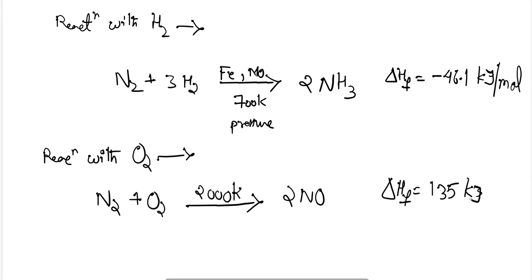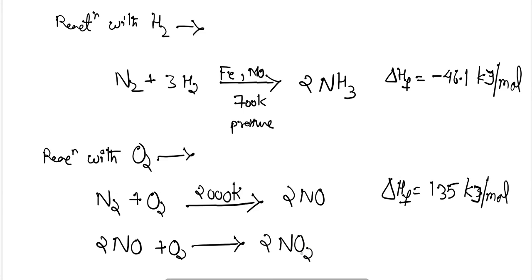So here it is an endothermic process. Also, when this nitric oxide is reacted further with dioxygen, it will form nitrogen dioxide, because nitric oxide is very unstable.